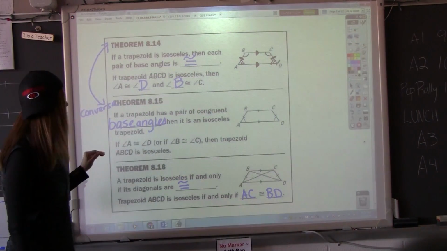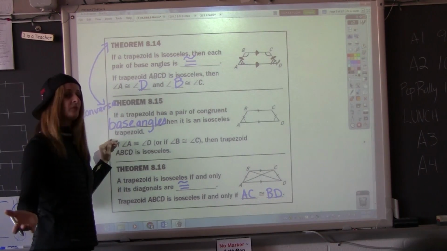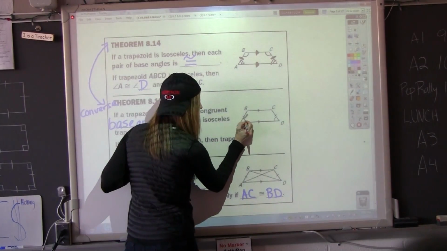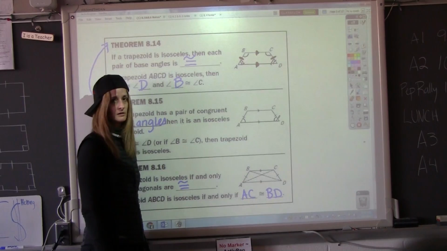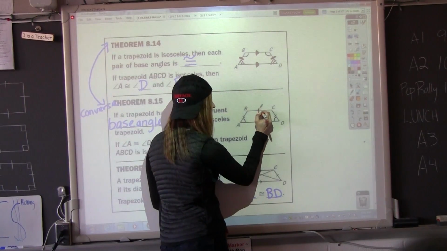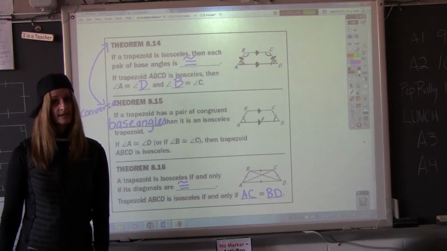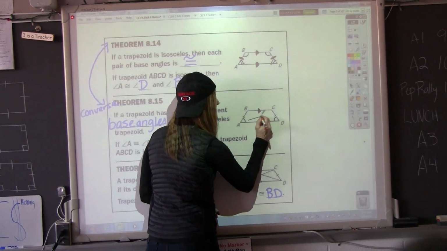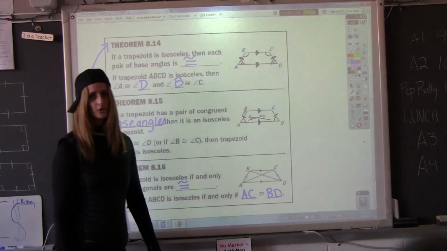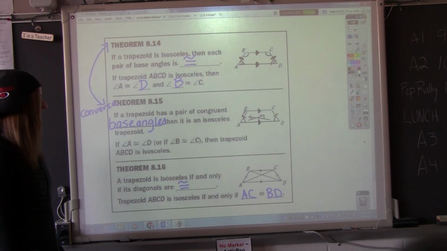The converse says, if a trapezoid has a pair of congruent base angles, then we know it's an isosceles trapezoid. So if we are given just this information, and we're also given it's a trapezoid, then we know it's isosceles. Then we know these legs here are going to be congruent. And those are converses of each other. There you go.